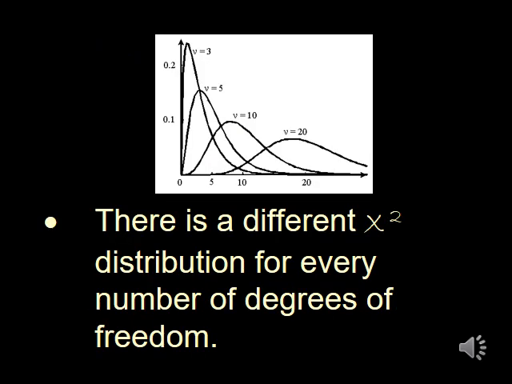It also tells you here that there's a different chi-square distribution for every number of degrees of freedom. That's a term I haven't really talked about yet. Sometimes I'll bring that up when we do T because it also kind of works the same way, but with T it's just built into your calculator anyway. On chi-square, on one of the tests we'll do, it's going to ask you how many degrees of freedom there are, and I'll point that out when we get to it and how you do it.